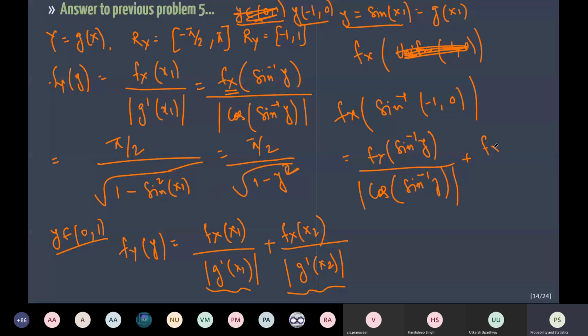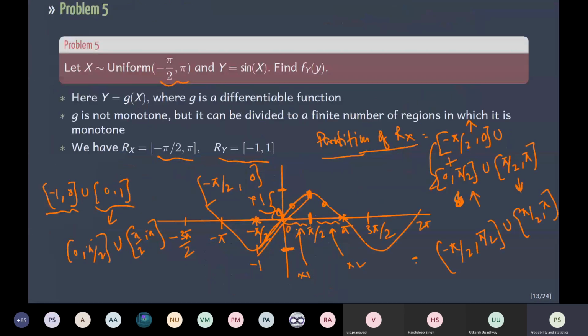And then the other term will be similarly fx, and then what will be the inverse you define for the x2 part? So the x2 part is this, right? If I have to write the inverse of this, then I can write this as pi minus sine inverse y.